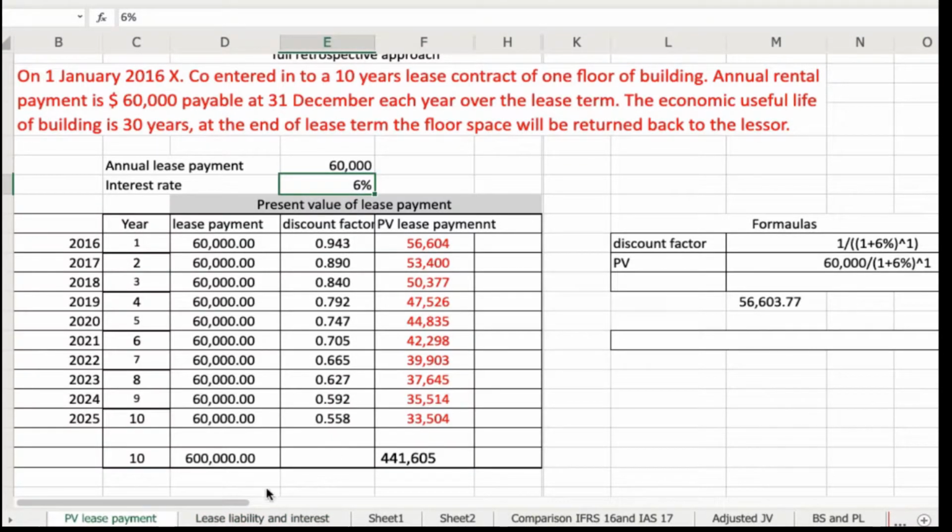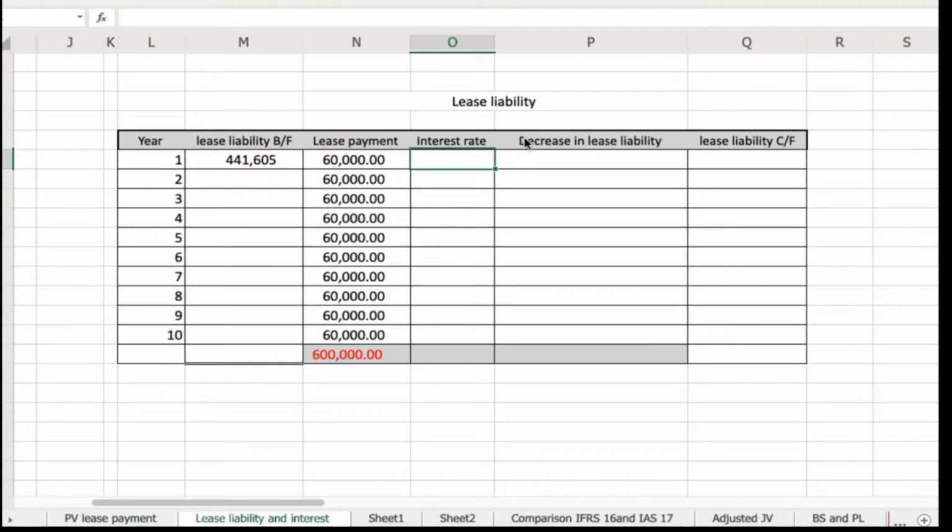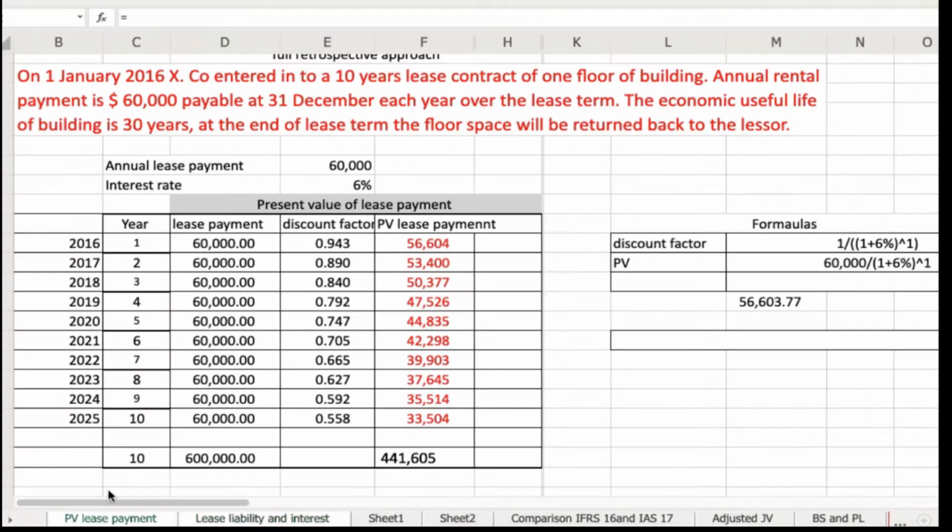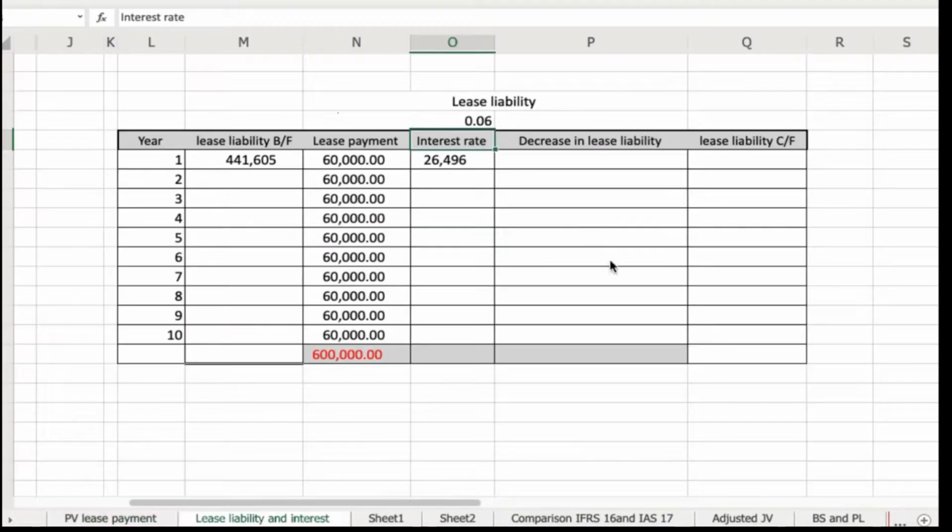So the interest rate is 6%. We need to calculate the interest amount that we are going to pay at the interest rate. So the interest is the lease liability into the interest rate.